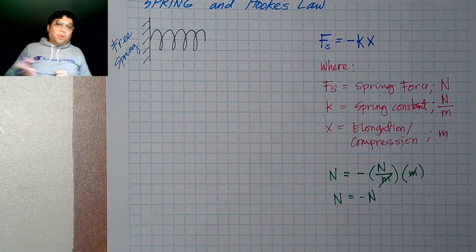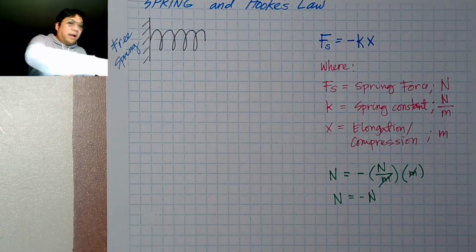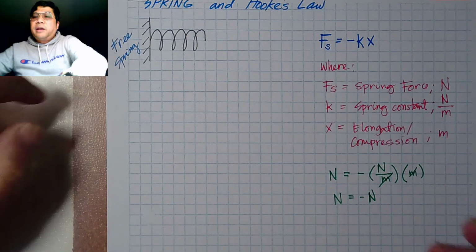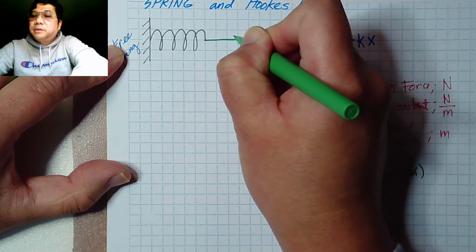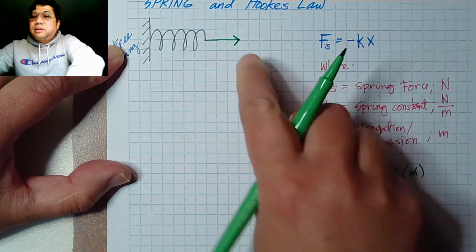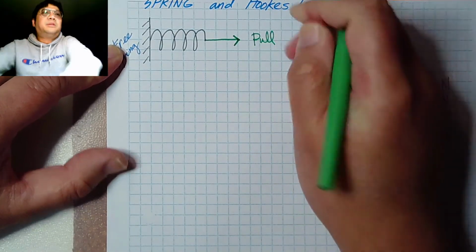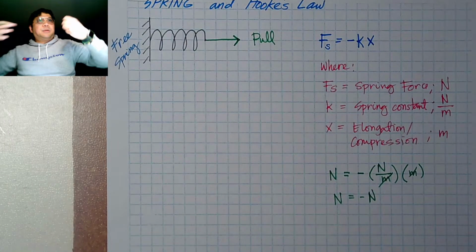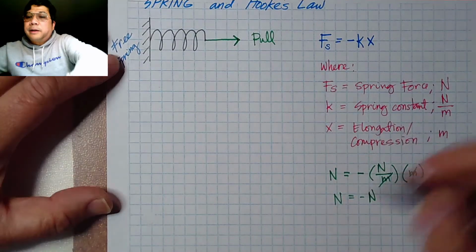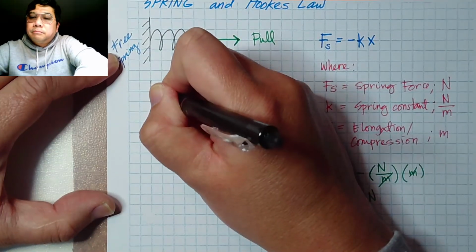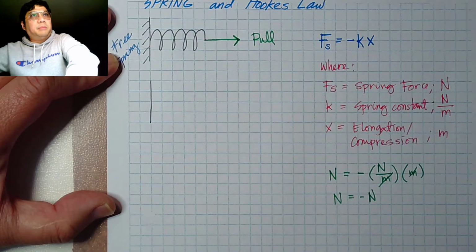What if I decide to apply a force? What if I pull this? What do you think will happen? When I pull the spring, it will elongate, or become longer.